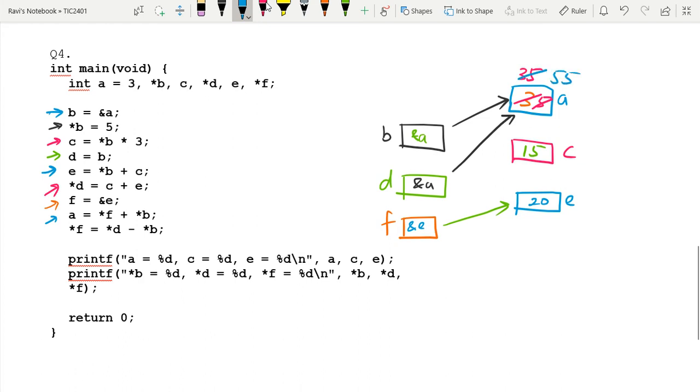The last instruction, asterisk F equals asterisk D minus asterisk B. Both B and D are pointing to the same place, so 55 minus 55 is 0, put back into whatever F is pointing to. So here I get 0. That gives you the final answer: A is 55, C is 15, and E is 0.